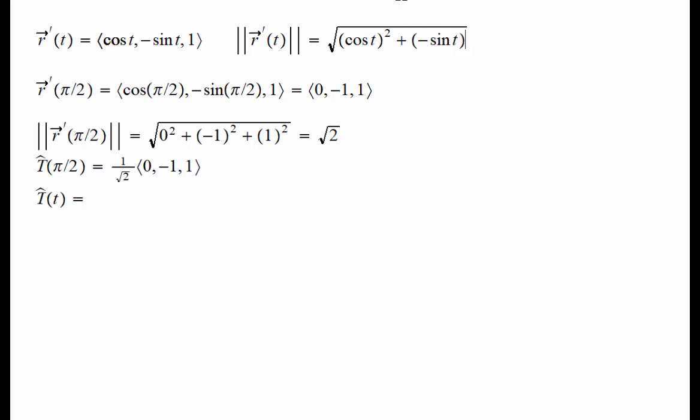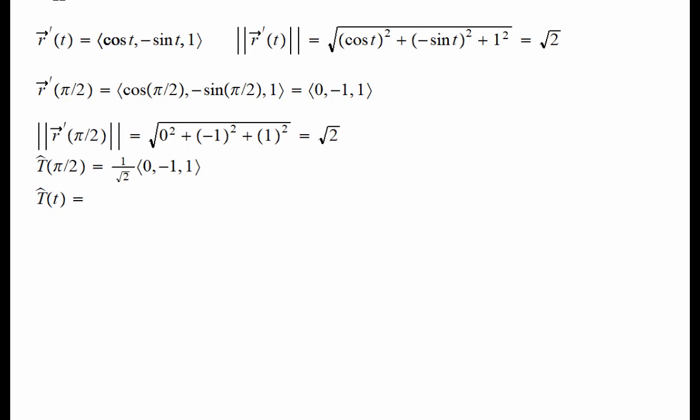The two will add up to 1, and then we will have 1 squared. So in this case, again, it is just a coincidence that this magnitude of r prime t turns out to be a constant. So how would we form our t t?